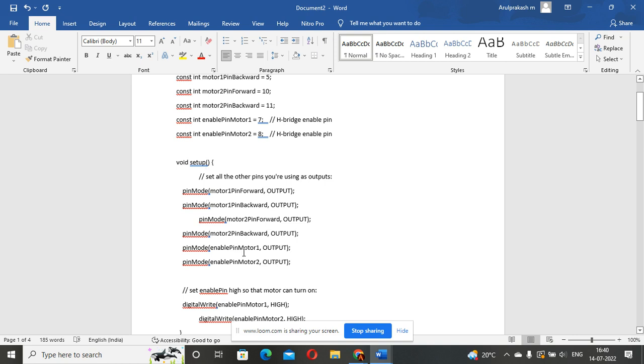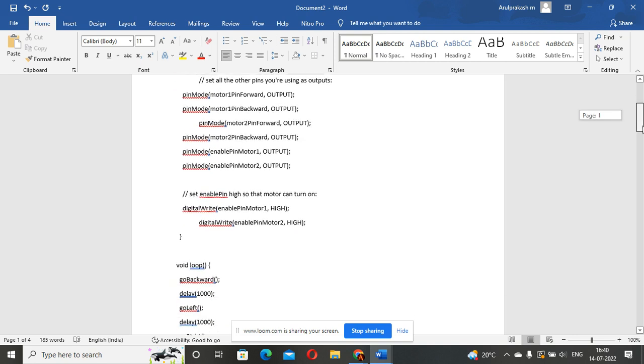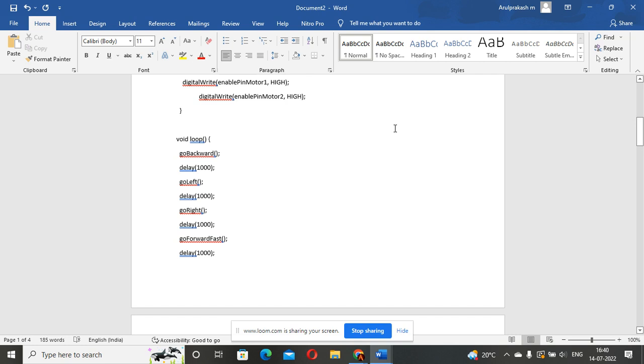These are all the setups we have to give, and these are the loop: go backward, delay, go left, delay, go right, delay, and go forward. If the motor rotates on the right side, the car will go forward or turn right. If the motor rotates backward, it will go to the left side or backwards.